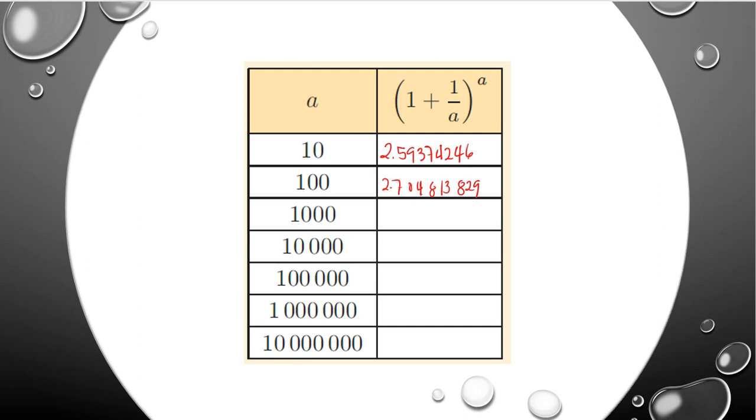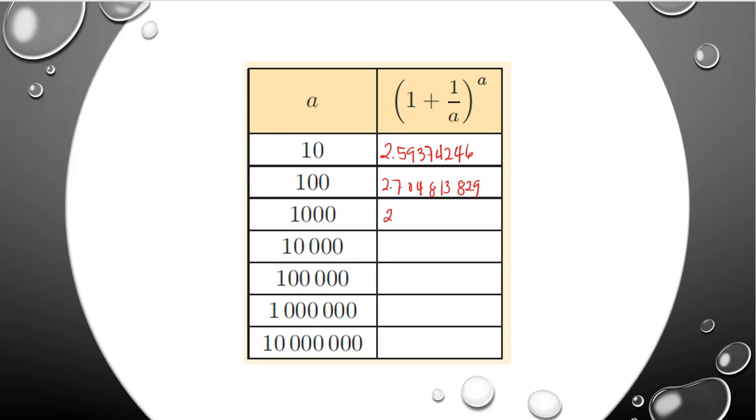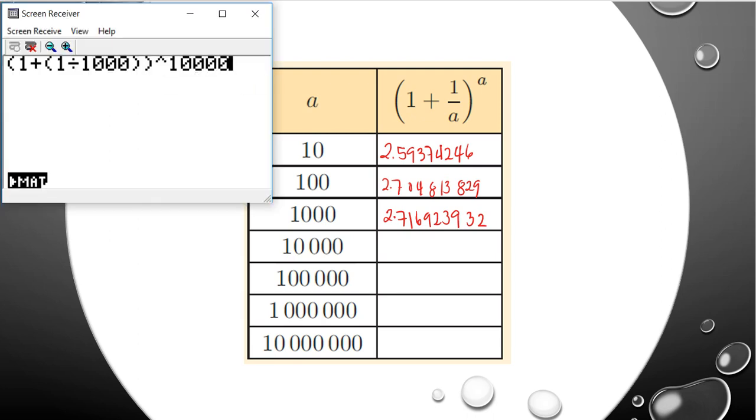Let's try more. 1000. That is 2.7716923932. If it's 10,000, maybe you can see now it is 2.718.